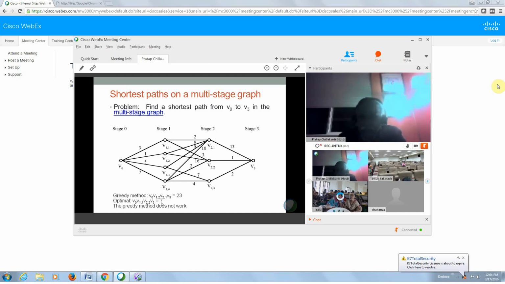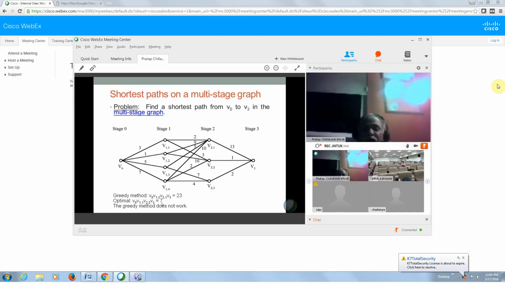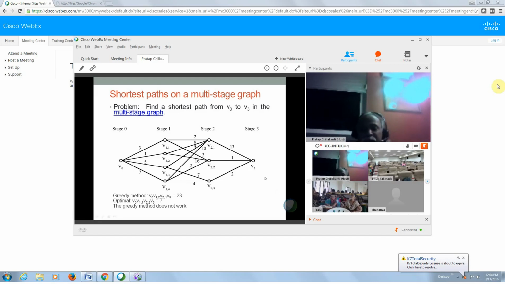It's a legitimate exam question to say, give me a counter example to the shortest path where the greedy method does not work. The questions are never phrased in a straightforward way. If you can carry this image in your mind, then it's easy to show that counter example. So in multi-stage it doesn't work, in knapsack it doesn't work.